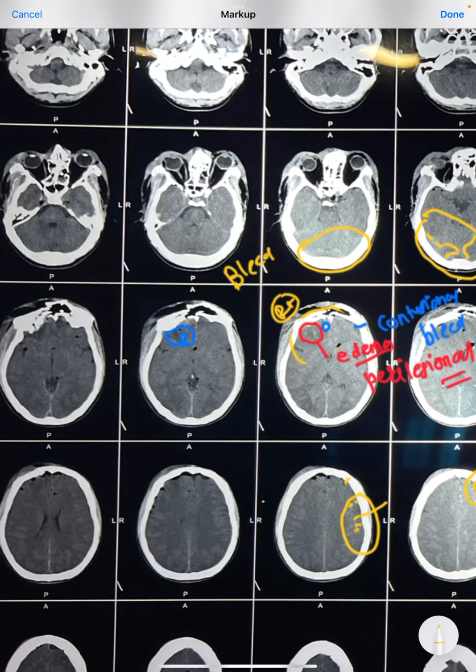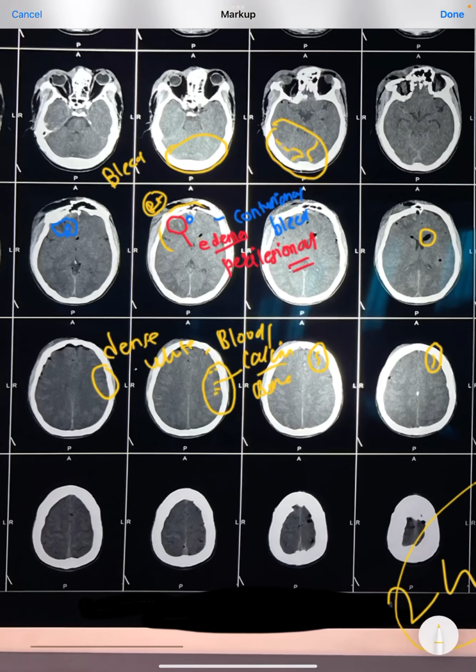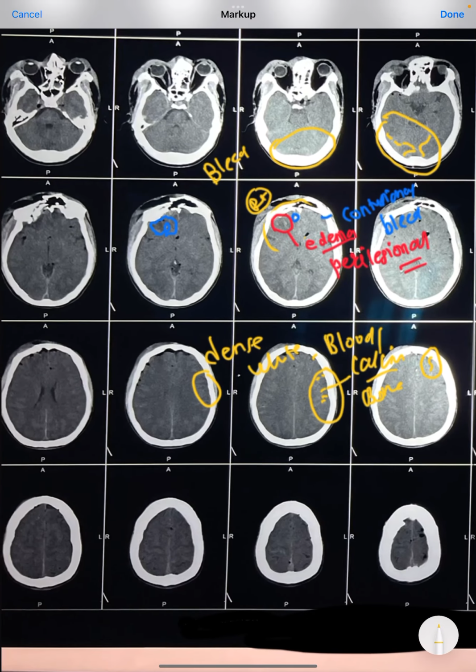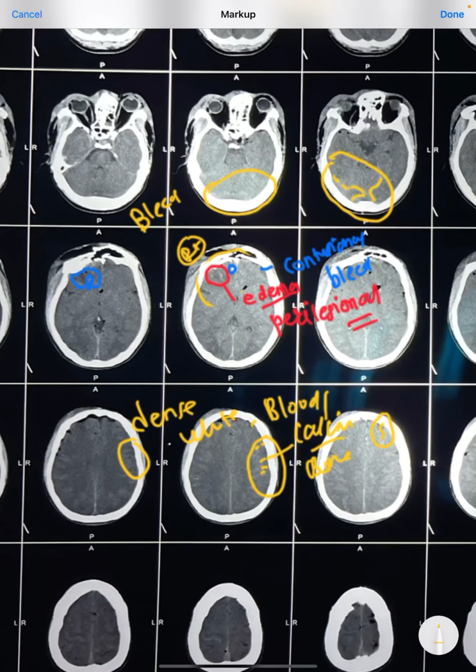On CT scan brain, a dense white or radio-dense structure is either blood or calcium or bone. There is no reason why there should be new onset calcium within 24 hours or new onset of bone within 24 hours.